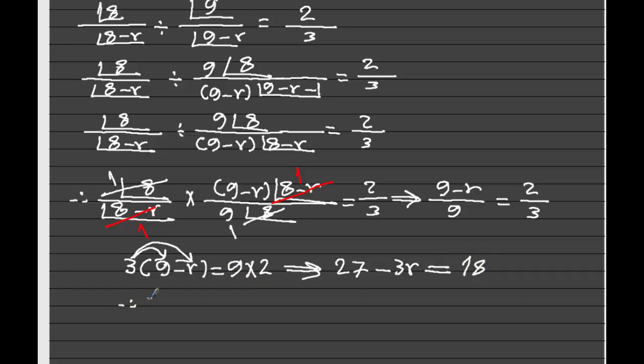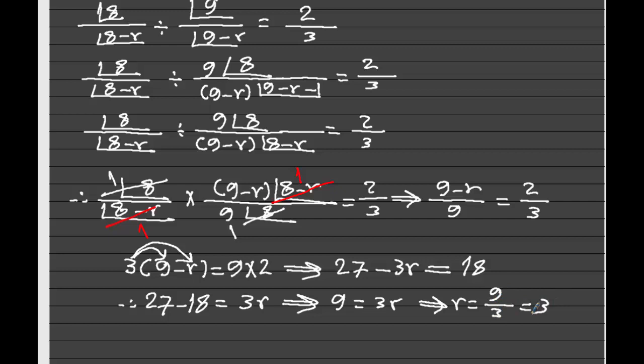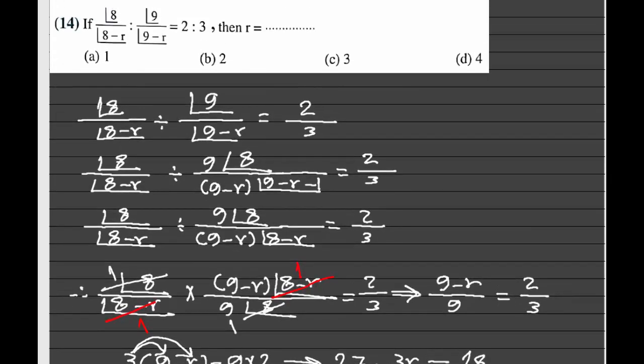Then 27 minus 18 equals positive 3r. 27 minus 18 is 9, equals 3r. So r equals 9 divided by 3, which equals 3. And we choose letter C.